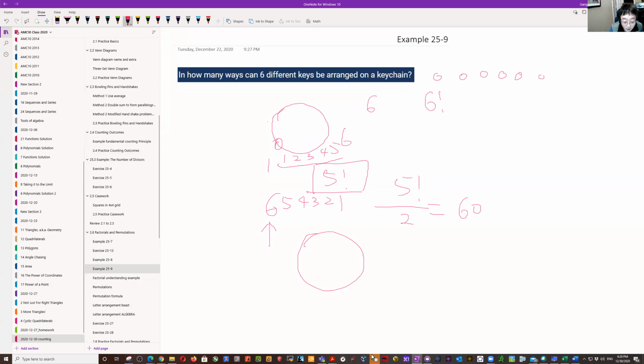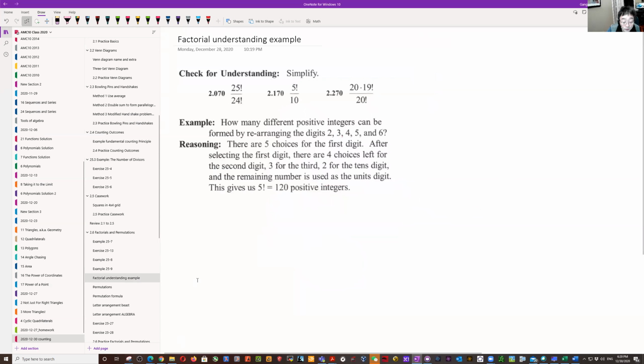If it's a keychain problem, not only do you reduce that, you also have to divide by 2. And then there are things like platonic shape painting, which have even fewer arrangements. We'll leave those problems for the exercise. There are a bunch of those you have to pay attention to.